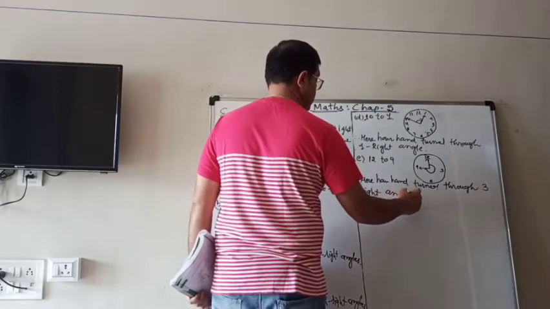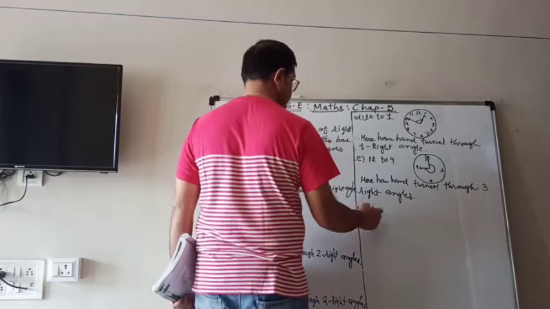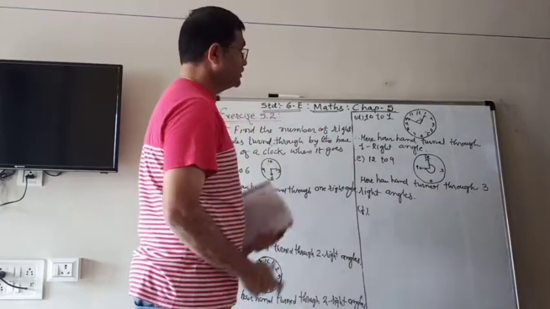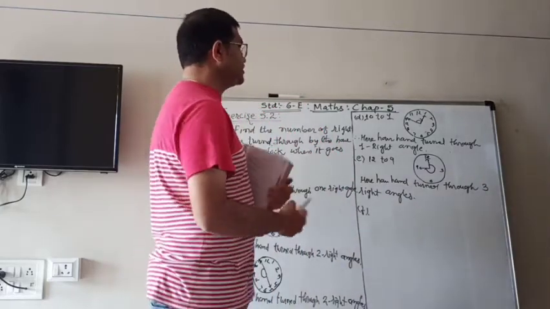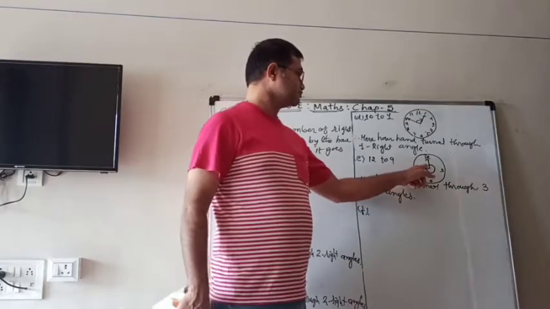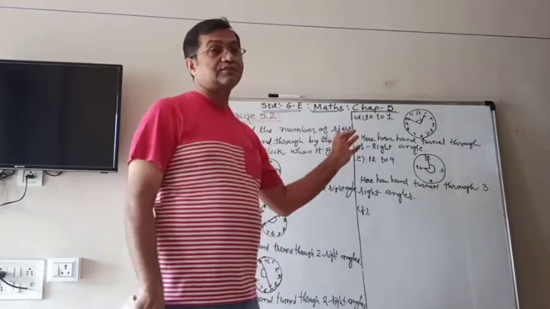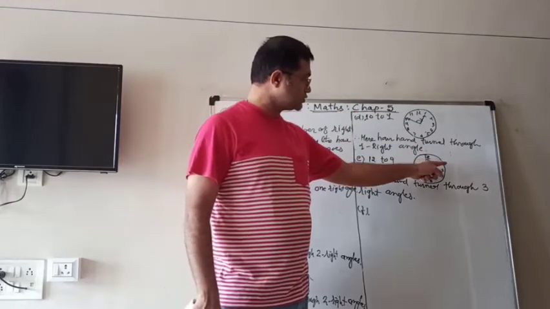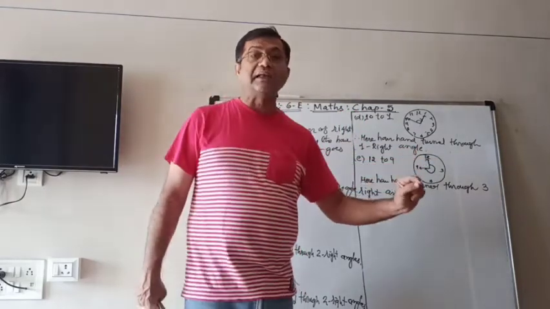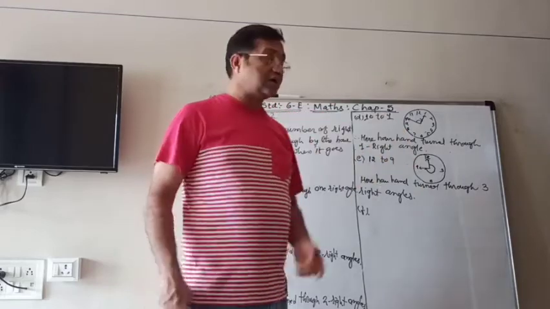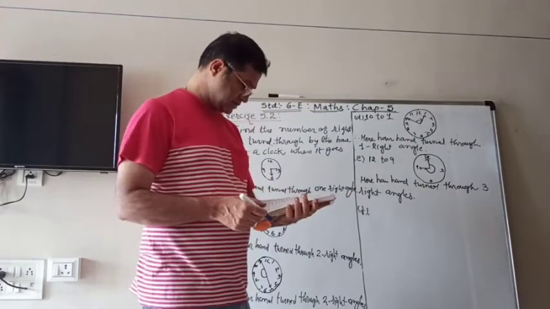That is very important, because it looks like it is only one right angle here. But the clock's hand does not come this way. It has to go from 12 to 1, 2, 3, 4, 5, 6 and then to 9. So it had turned through 3 right angles.